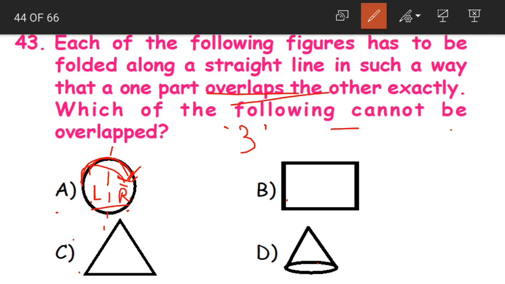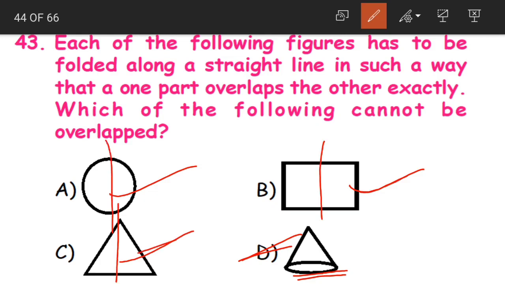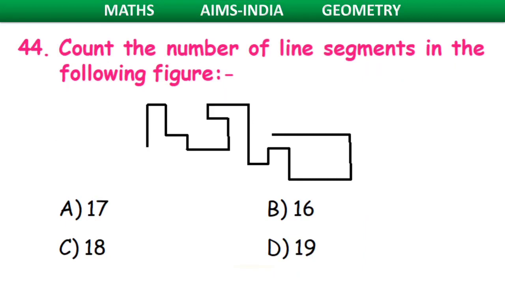Now which of the following cannot be overlapped here, children? That would be cone. Circle, square, rectangle and triangle, these three I can overlap exactly, but for cone it is not possible to overlap exactly.